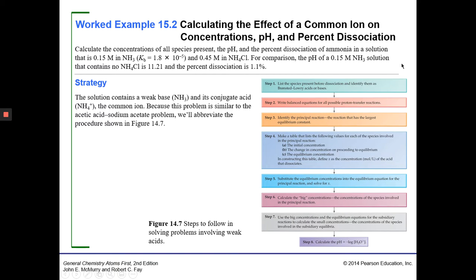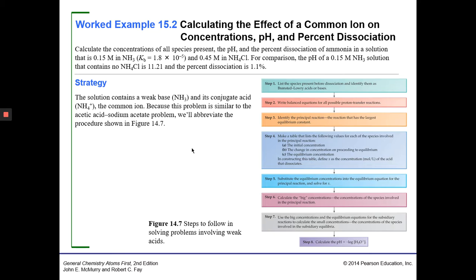Okay, so here are the steps in solving a problem like this. We would list the species present before dissociation and identify them as Bronsted-Lowry acids or bases. Then write balanced equations for all possible proton transfer reactions. Then we would identify the principal reaction, the reaction that has the largest equilibrium constant.